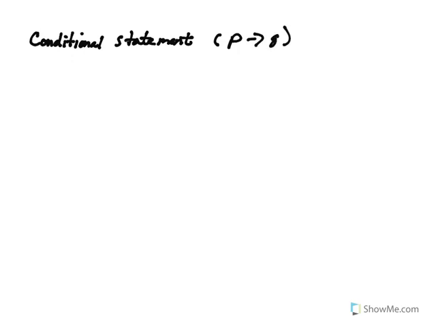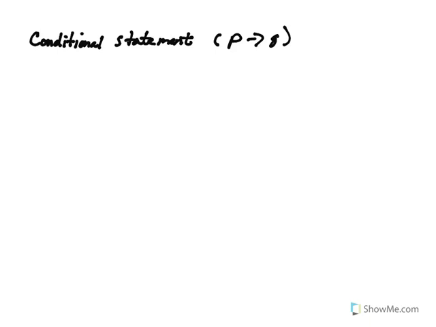So the next thing I want to show you is a conditional statement. A conditional statement is P implies Q, if P then Q. It is noted just like this: the little arrow pointing to the right is imply.